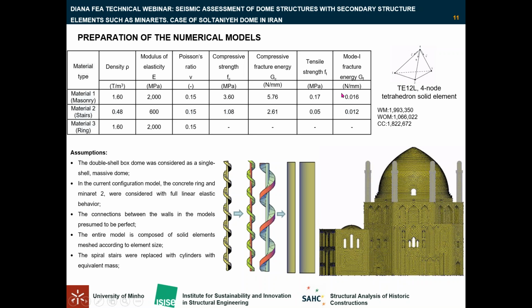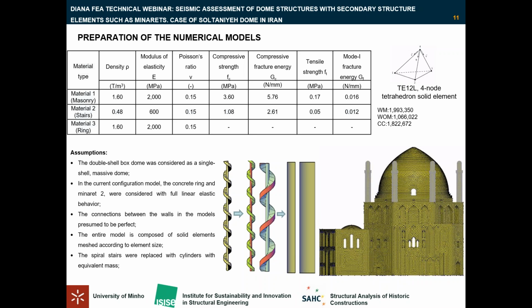The properties of material type 2 were calculated considering the volume fraction, that is by multiplying the corresponding values of the masonry by the relation between the volume of the original spiral stairs and the equivalent cylindrical elements. In other words, material 2 was estimated based on the values of material 1 multiplied by a factor of 0.3.